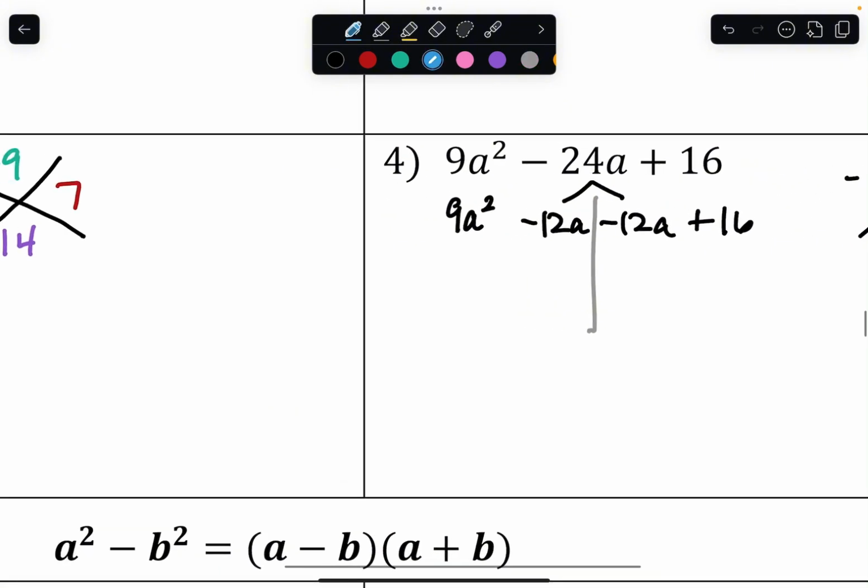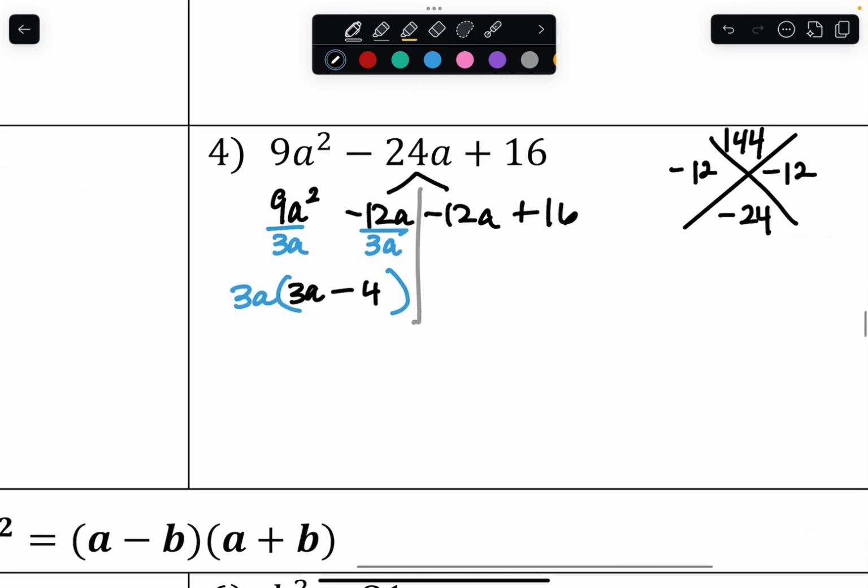Okay, and so when we do that, we're still going to end up with matching factors. Looking at our first pair, we could divide both of those by 3a, and that leaves behind 3a minus 4. Out of the second pair, the leader is negative, so GCF is negative, and those are both divisible by 4. So negative 4 is our GCF, and when we do that division, we get 3a minus 4.